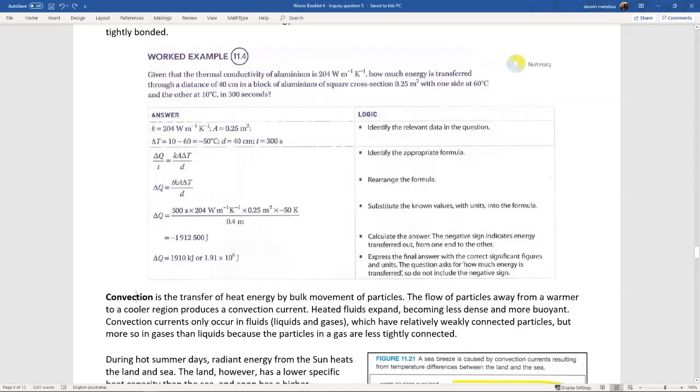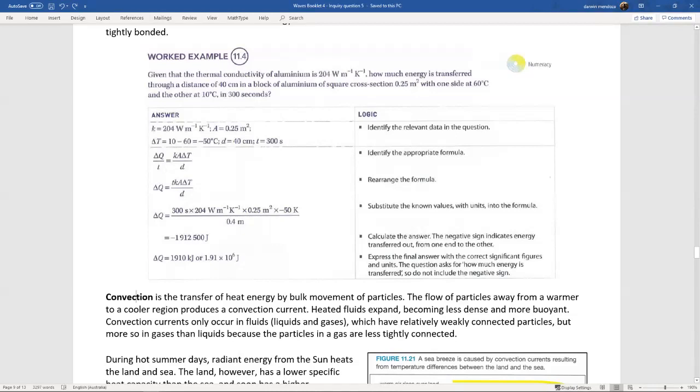So I substitute my values in, I bring that t across, and I do that. So 300 seconds times 204, my constant, multiplied by my area, which is 0.25 meters squared, multiplied by my temperature. Now, notice that it's a negative value. That negative value is very important. Don't neglect it, because what that negative value is saying is that's the energy that's taken away.